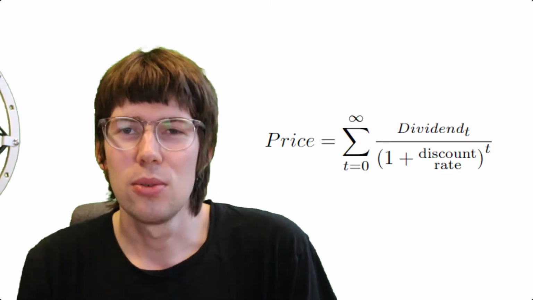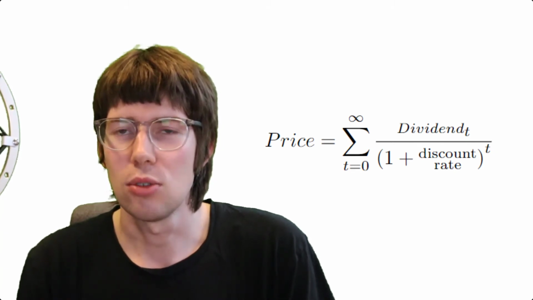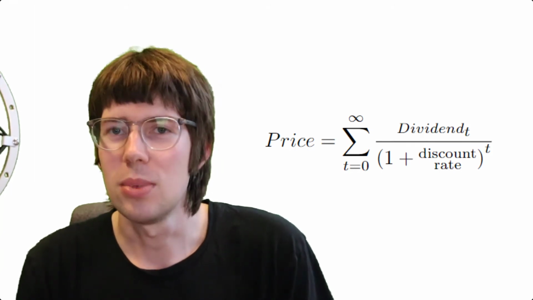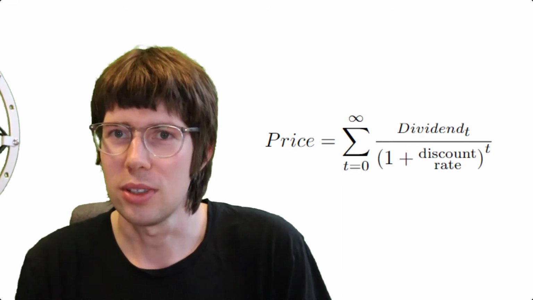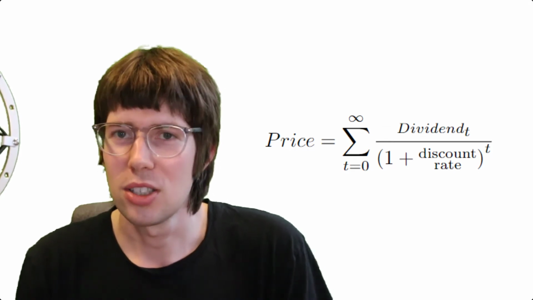When you own a stock, the company, if they feel like it, decides to pay out a dividend, which means that they pay you a certain amount of money depending on how many stocks you have. So that is kind of like a cash flow. If you were to sum up the present value of all the dividends that you will ever get from owning that stock, that would be equal to the value of the stock, the price of the stock.